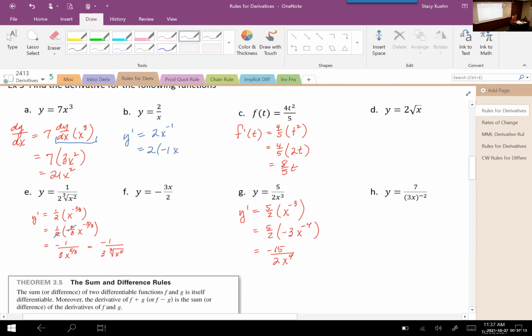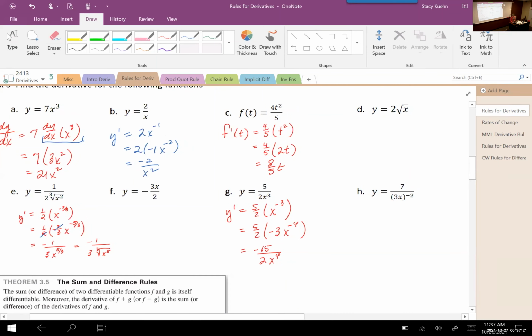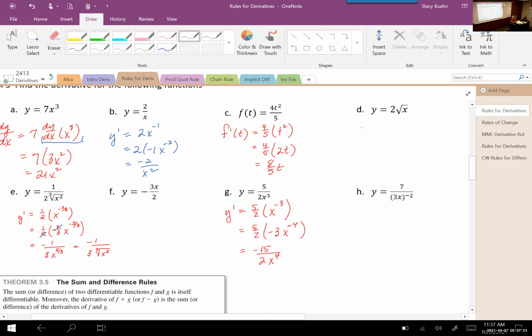First one I got negative 2x. So start with that. How do you do that when I don't write up the steps?